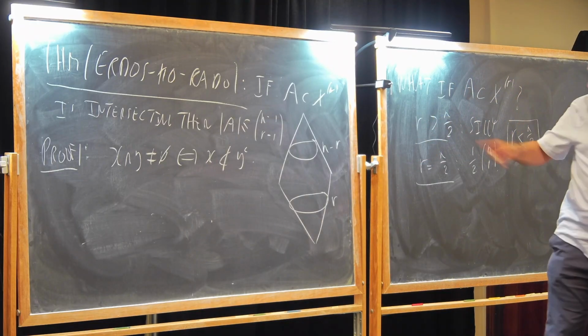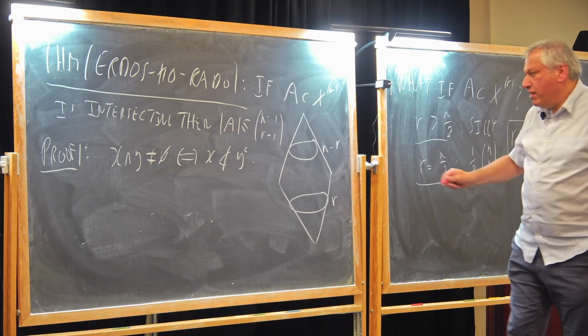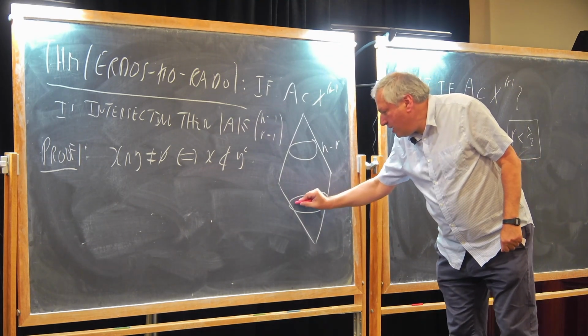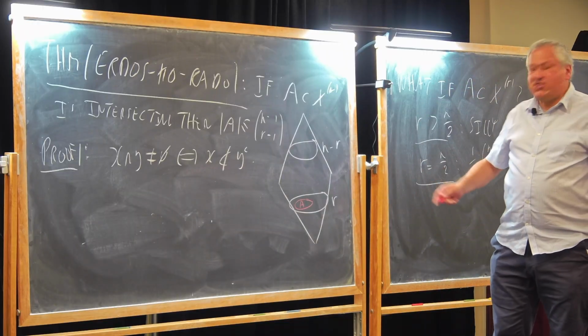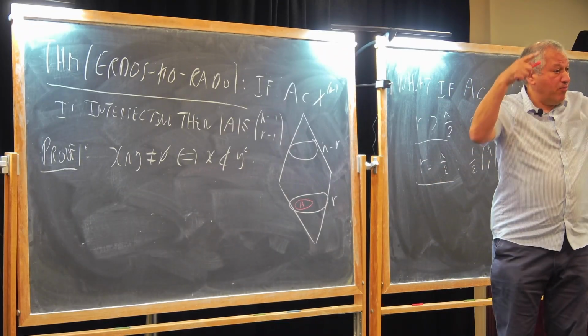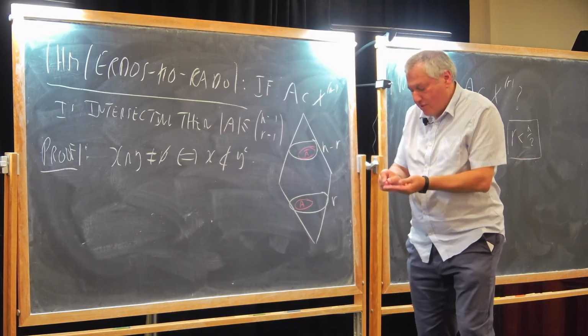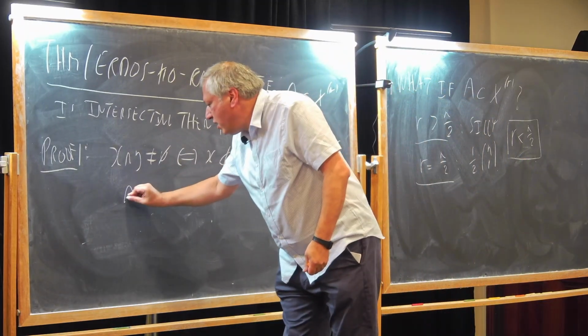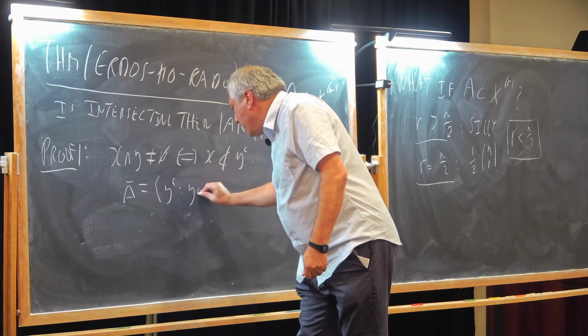So that's the picture. Here is A. Let me write A bar for the set of all complements y complement, y in A. So up here is what I might call A bar.